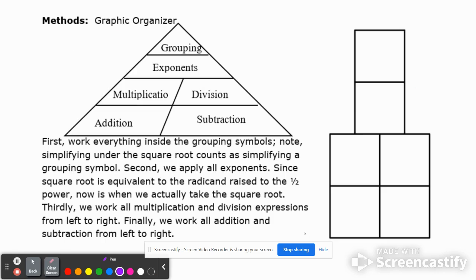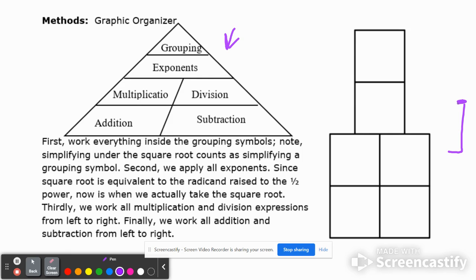Let's look at some of these graphic organizers. This first one, the pyramid, was made by Carol Williams. She's in the math department at Texas Tech. She came up with this one on her own, working with students over time, and it looks a whole lot like this graphic organizer over here, which is taught in a lot of Texas public schools. A lot of elementary and middle school teachers teach it this way now, because so many students had misconceptions.